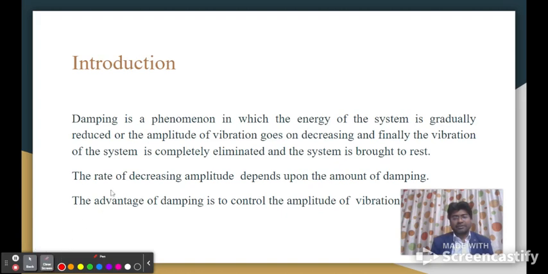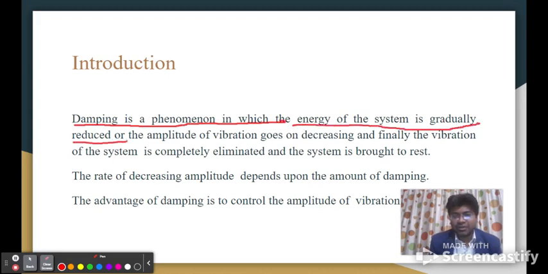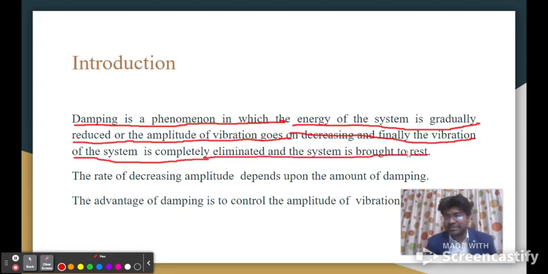Damping is the phenomenon in which the energy of the system is gradually reduced, or the amplitude of the vibration goes on decreasing, and finally the vibration of the system is completely eliminated and the system is brought to rest.